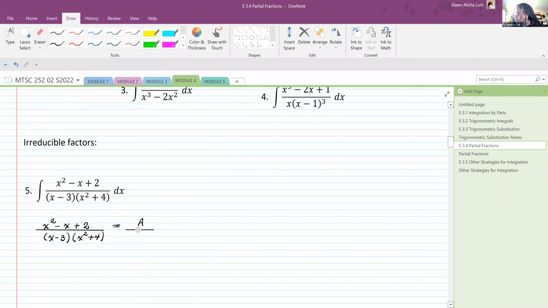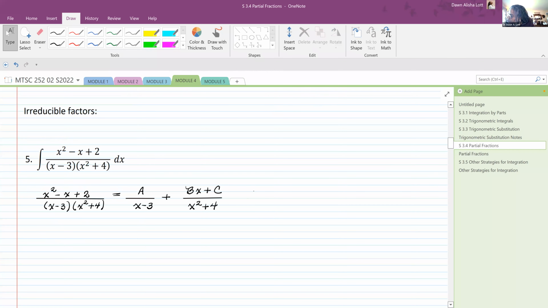So that one is easy. But this irreducible factor, this x squared plus 4, I have to put a linear factor Bx plus C over top of it. And now I have to solve for A, B, and C.